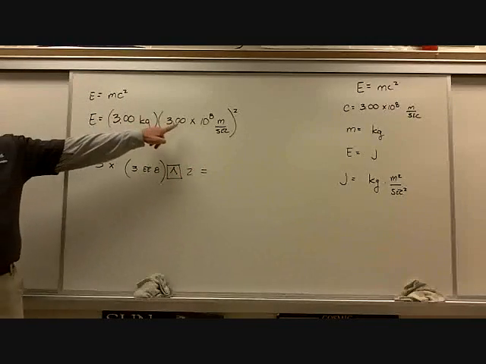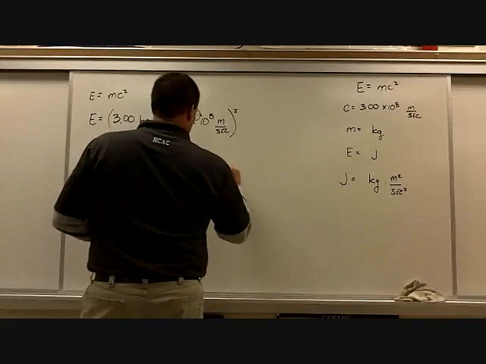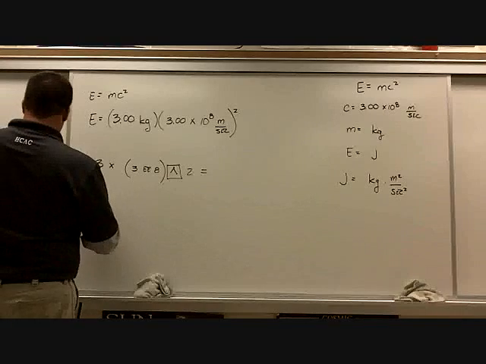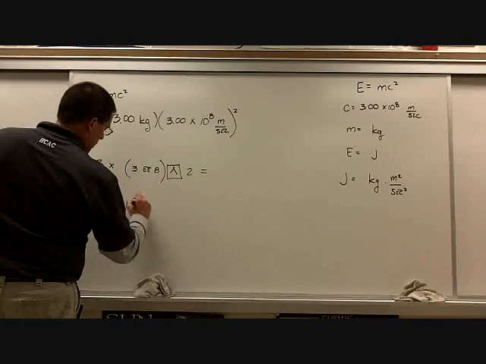So it's 3 times this value squared. If I get something like 2.7 times 10 to the 17, did anybody get that? Okay.